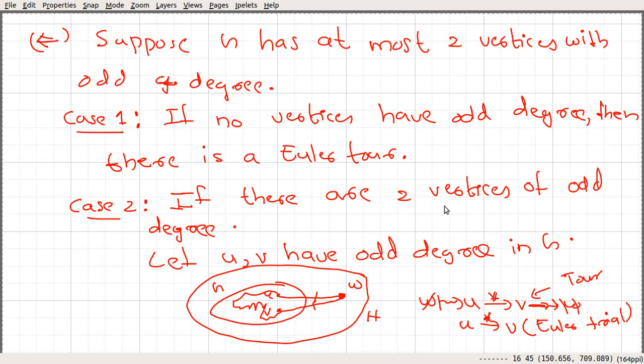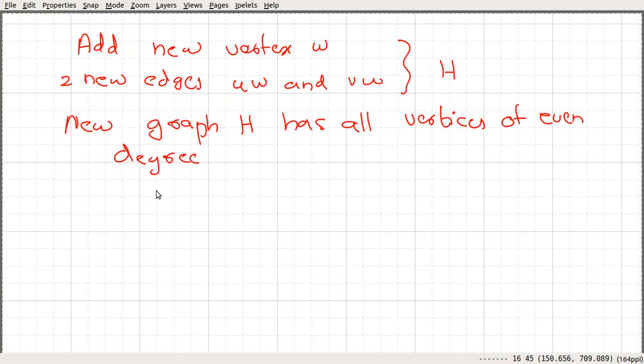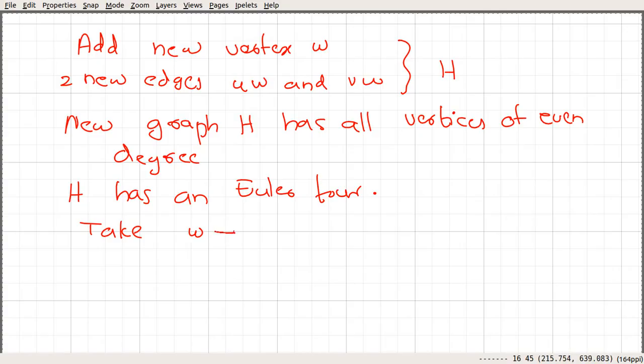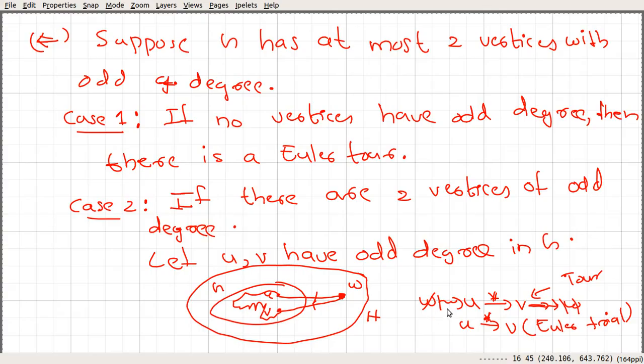If there are two vertices of odd degree, then in H every vertex has even degree. So that says this H has an Euler tour, by the previous theorem that we proved in the last video. You take this Euler tour, it corresponds to this walk.